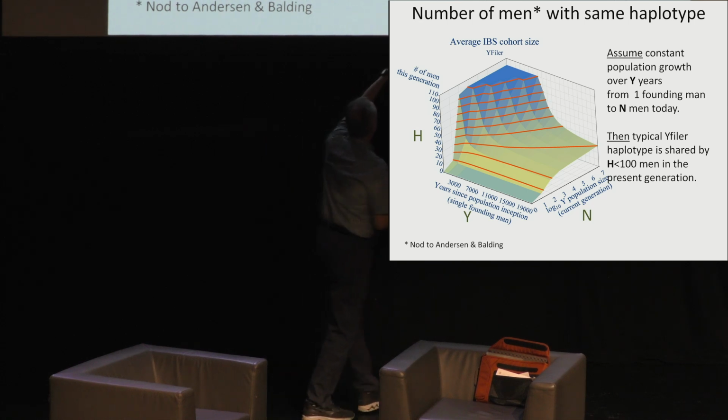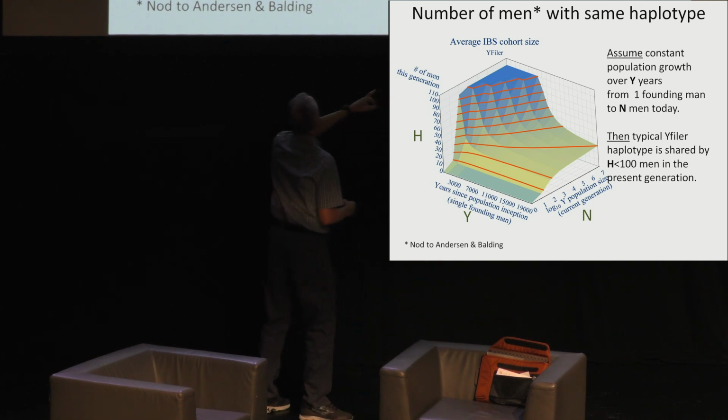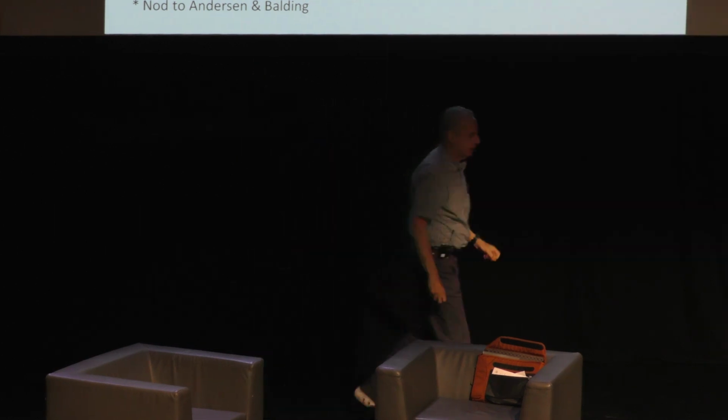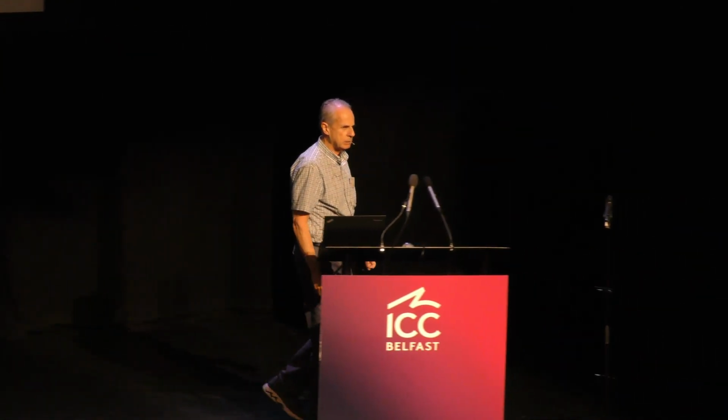So that means if you have a population of, let's say, 10 to the 5 men, 100,000, what you can tell the court is that probably 30 or 40 of them would match the crime scene type.